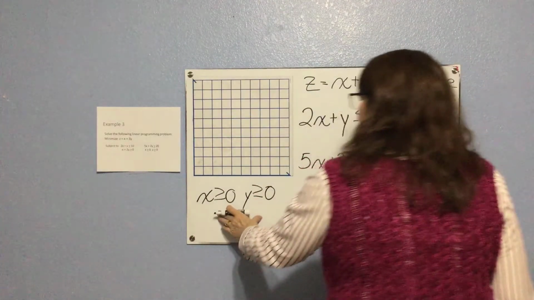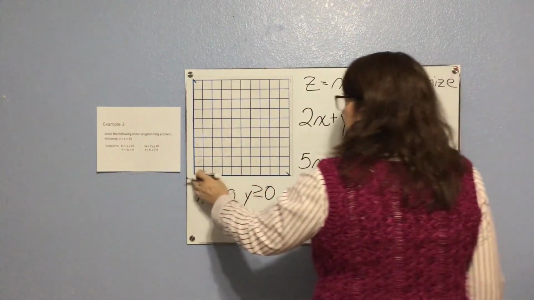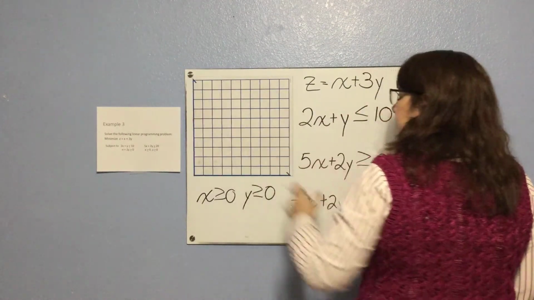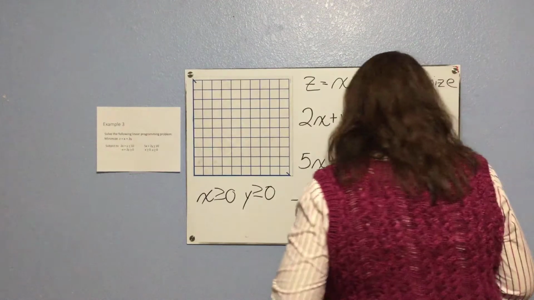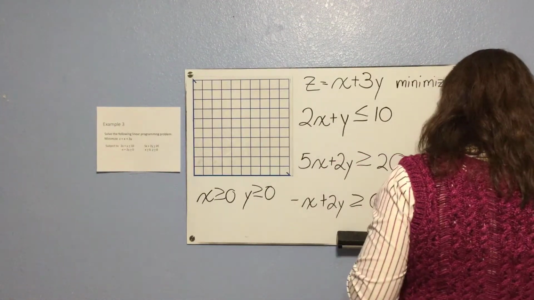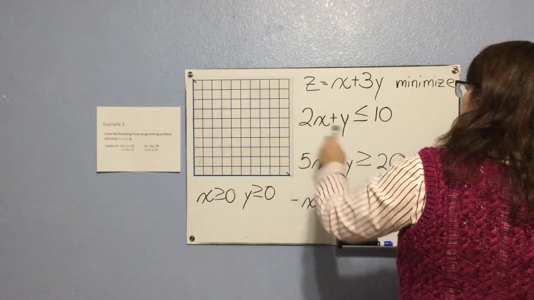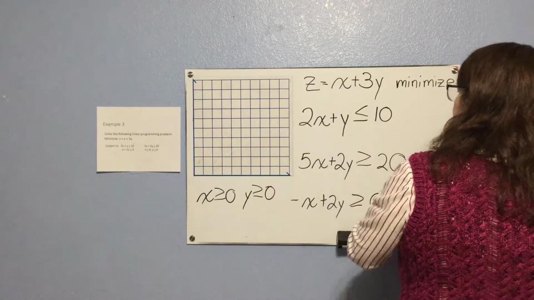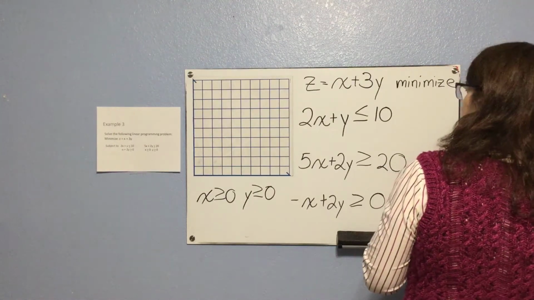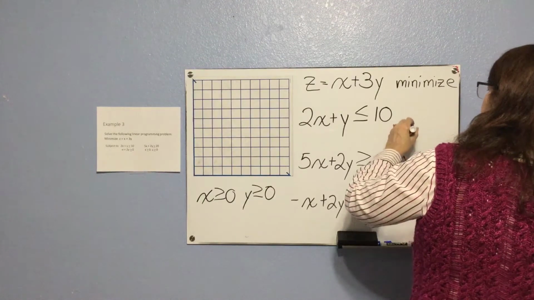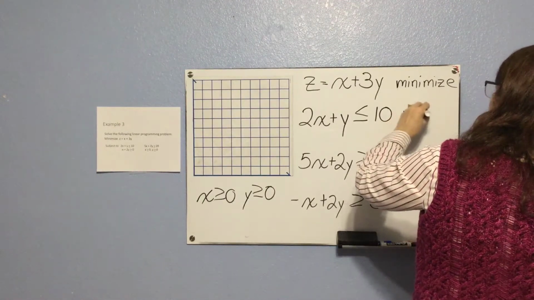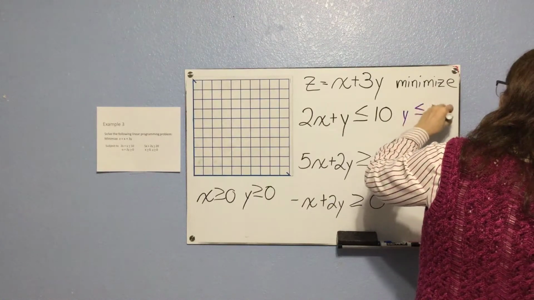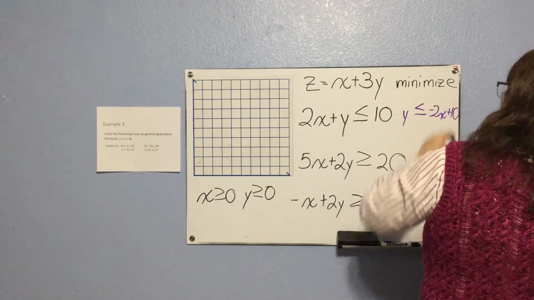Okay, I'm not going to draw these on. We'll just call this the x-axis and the y-axis and know that everything else has to fit in here. So let's look at this one, 2x plus y less than or equal to 10. I can move the 2x over and have y has to be less than or equal to negative 2x plus 10.